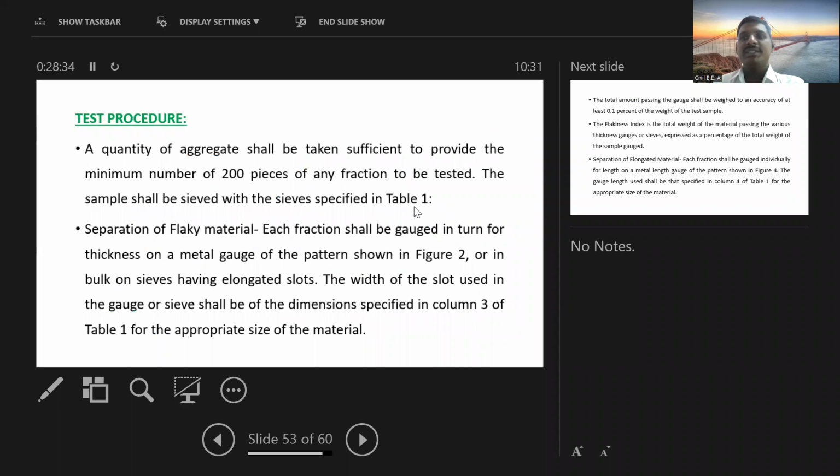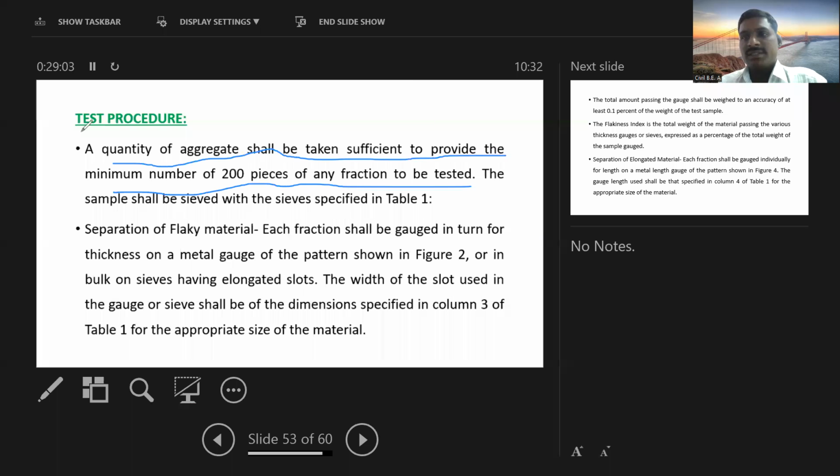So how do we test the flakiness and elongation index of the aggregate? You can see here the test procedure. The quantity of aggregate shall be sufficient to provide a minimum of 200 pieces of any fraction to be tested.